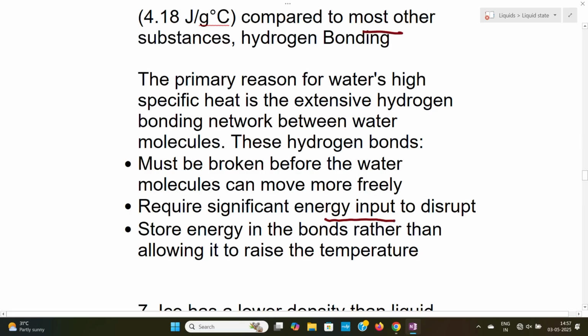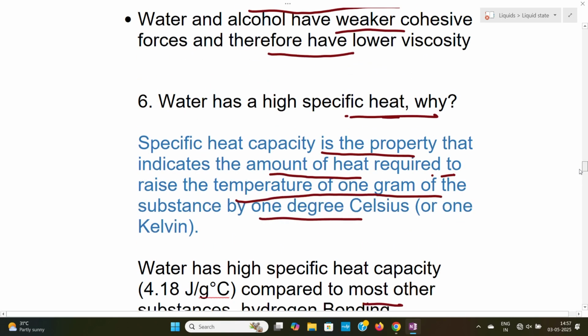Since it requires more significant energy input to disrupt, the specific heat capacity is higher. Okay, that is the answer for the high specific heat capacity of water.